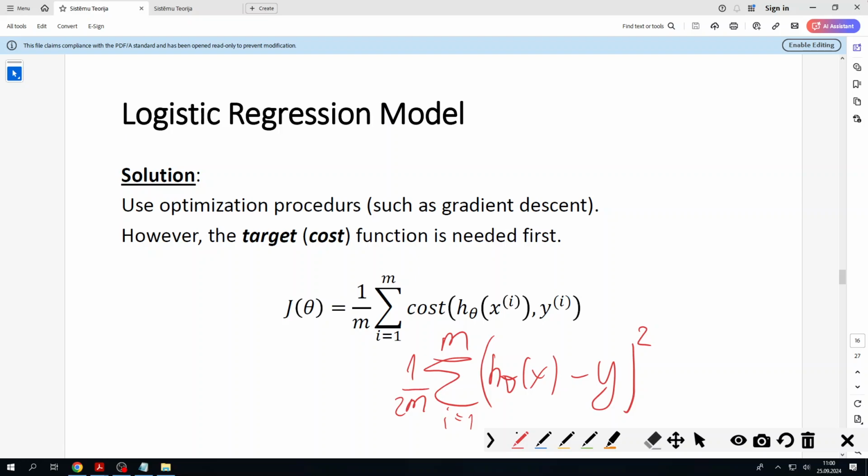Well, mainly because your hypothesis also is going to be either 1 or 0, and your y is either 1 or 0. We could try and use this cost function, but it will not help to understand how big the error is, yes?